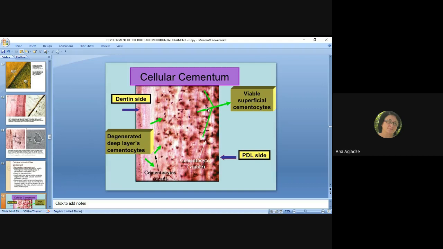Many haphazardly arranged collagen fibrils are contained in the cementum matrix, as are bundle collagen fibrils, which are arranged parallel to the root surface in this type of cementum.